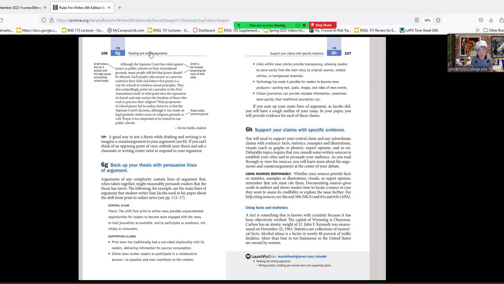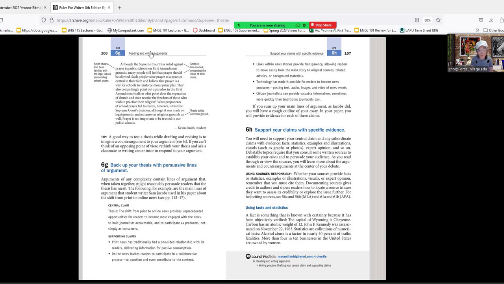Using sources responsibly: whether your sources provide facts or statistics, examples or illustrations, visuals or expert opinion, remember that you must cite them. Documenting sources gives credit to authors and shows readers how to locate a source in case they want to assess its credibility or explore the issue further.